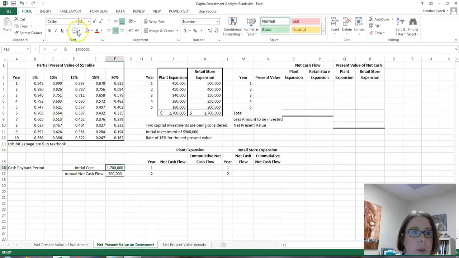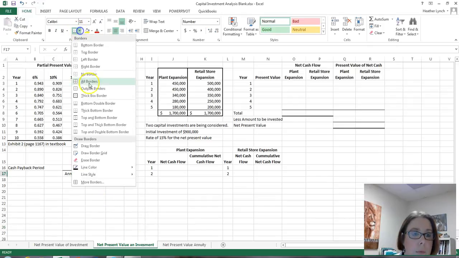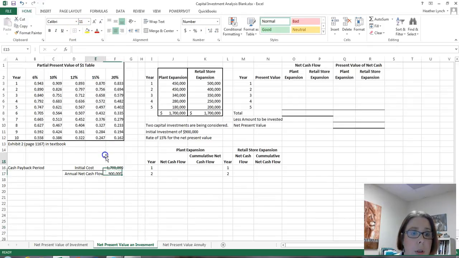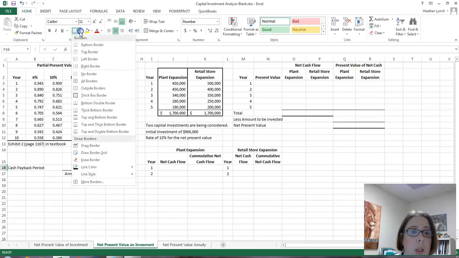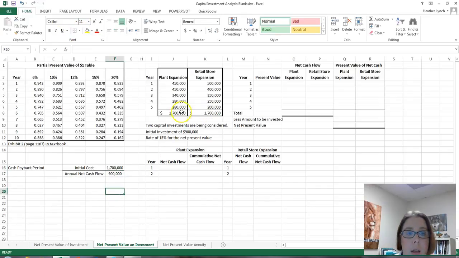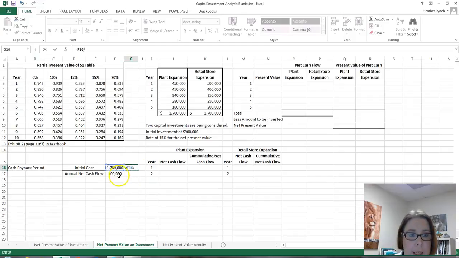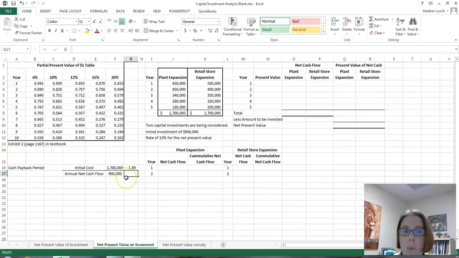Okay, so I have these two figures. If they would have been different amounts, we would have looked at my initial cost and my annual net cash flow. If I take the difference between these, it tells me 1.89. So that's getting close to 2 years of when I will recoup my initial investment.